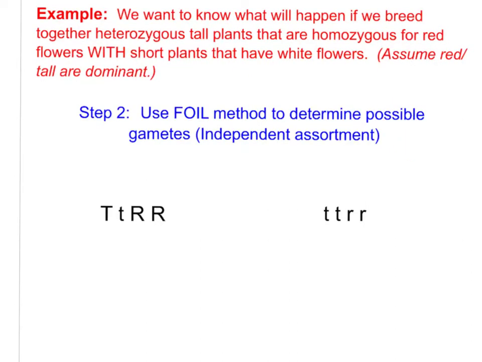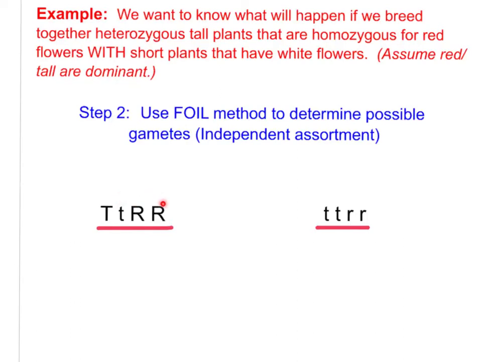Now we have our two parent genotypes rewritten right here for the two traits. We need to use the FOIL method because we want to determine all of the possible gametes, all of the possible combinations that could happen with these alleles. And I don't know if you remember from algebra when you use FOIL: first, outside, inside, and last.